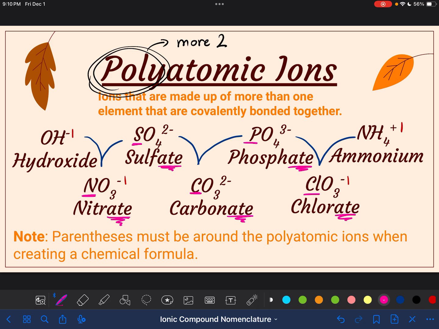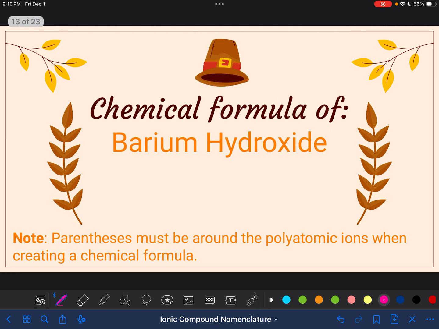Now, a note that I want to mention is this. Parentheses must be around the polyatomic ion when creating a chemical formula. This is the part where that covalent bond comes into play. So let me actually show you what I mean. We know barium is Ba with a +2 charge.